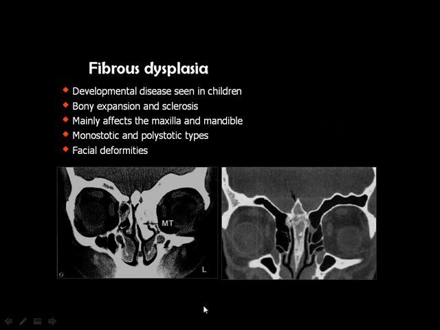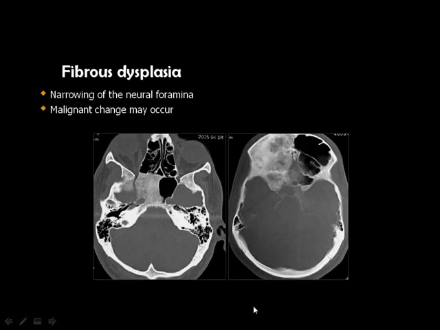Also, fibrous dysplasia may affect the paranasal sinuses, and fibrous dysplasia in the maxillofacial area characteristically affects the orbital roof. And in this case, you can see that the orbital roof is expanded, and classically it shows also the ground glass appearance. This is a classic case of fibrous dysplasia of the bony nasal septum, which has been expanded and showing the typical ground glass appearance.